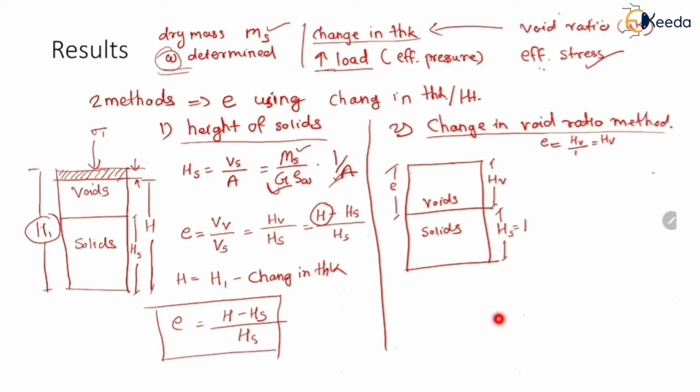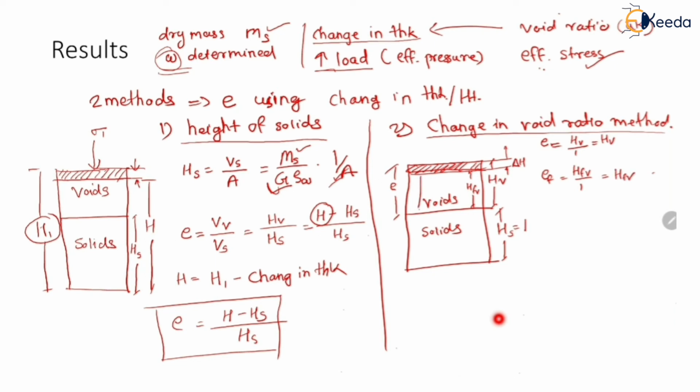Now when we apply a load increment, the soil gets consolidated and its height decreases. Suppose delta H is the decrease in height. So this is the final height of voids, HFV. So final void ratio will be HFV upon 1, that is equal to HFV.